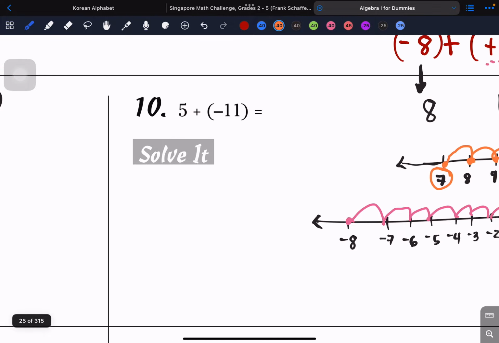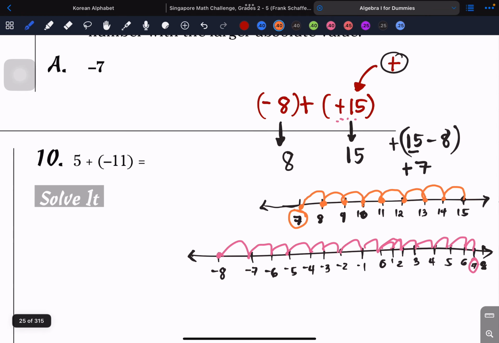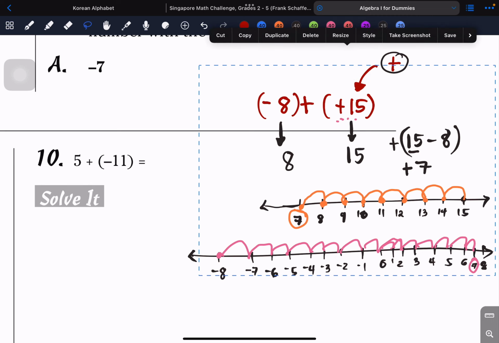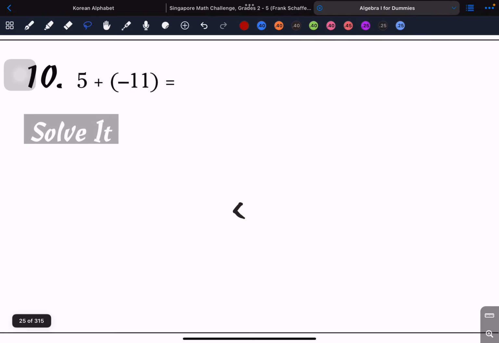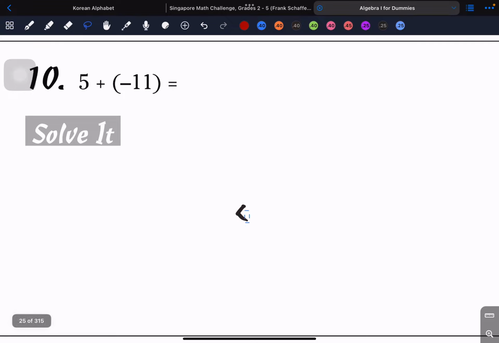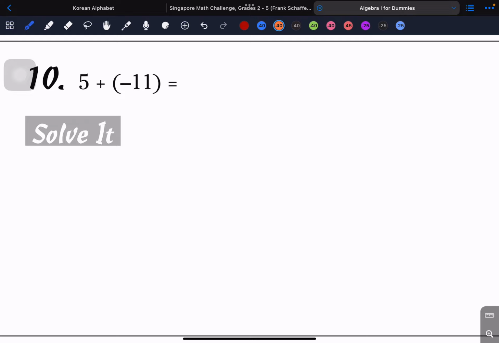Number 10. 5 plus negative 11. This is positive, this is negative.